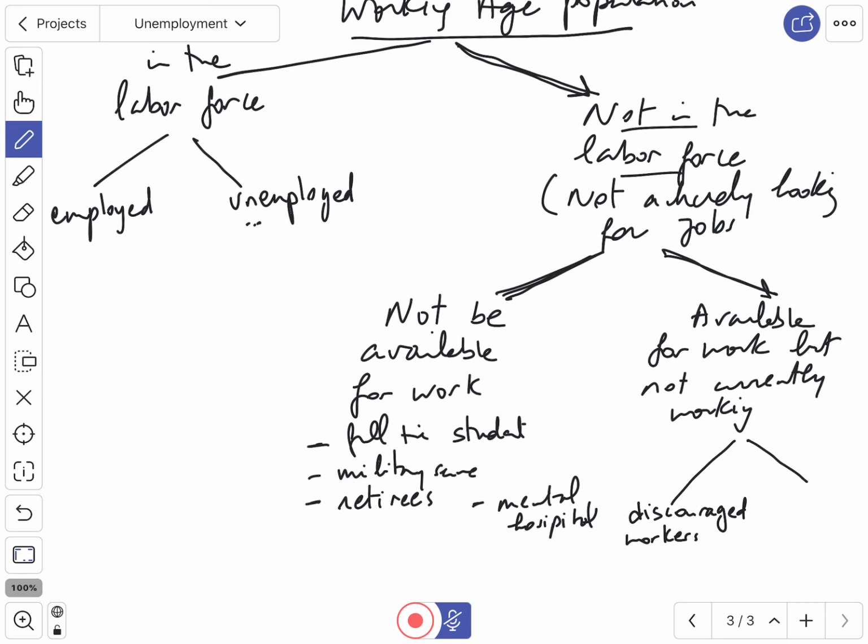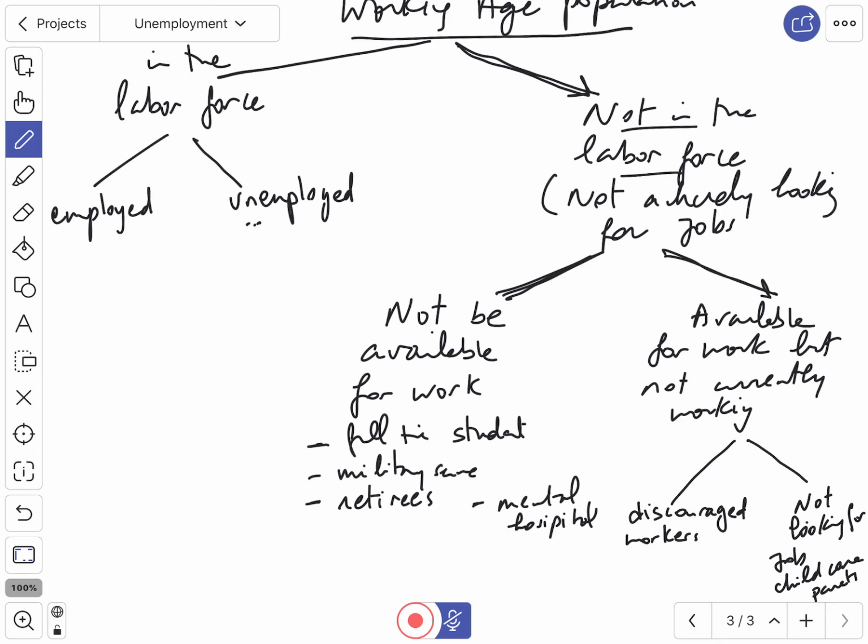Those people have looked over the past 12 months but nothing in the past 4 weeks. The others are not currently looking for a job because of childcare, right? Taking care of their children, maybe taking care of parents.